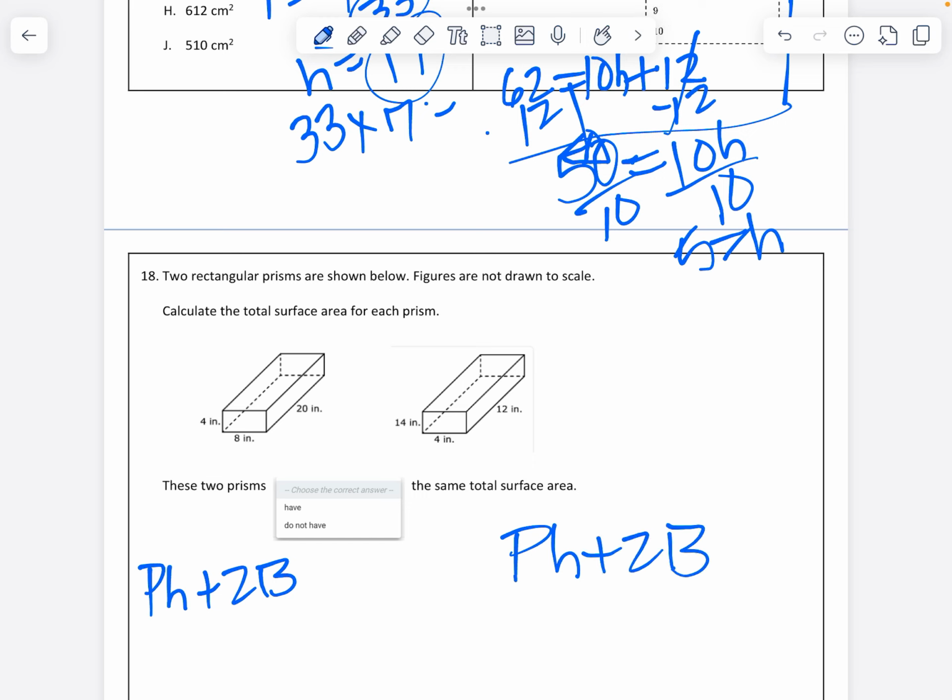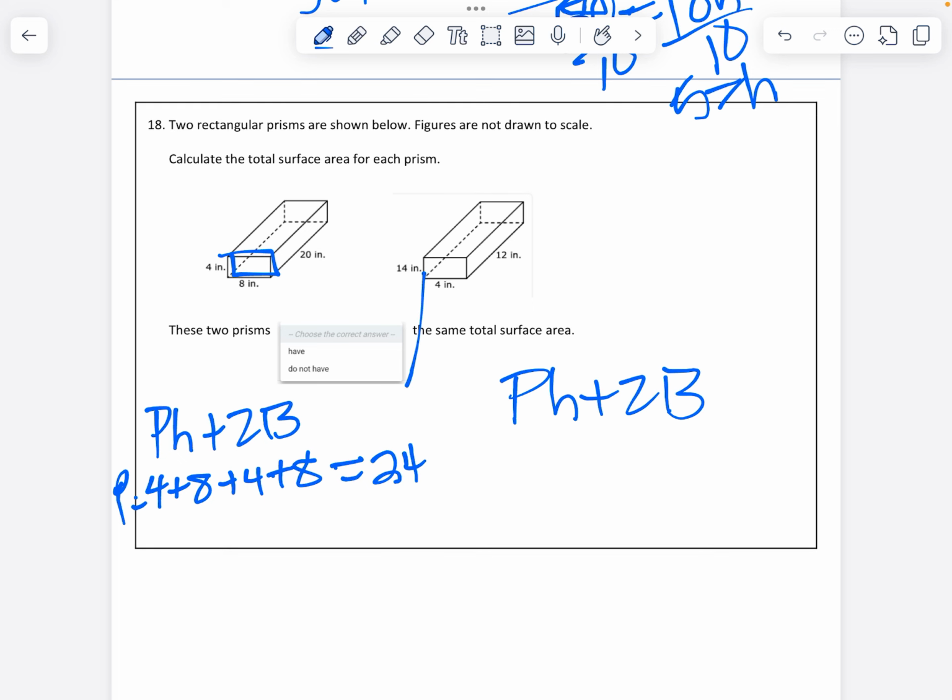Alright, so this one's perimeter would be this. So 4 plus 8 plus 4 plus 8. Okay. And it's 12 and 12, which is 24. That's your P. Your height is 20. Height equals 20. And my big B then would be 32, because 4 times 8. Then we plug it in.